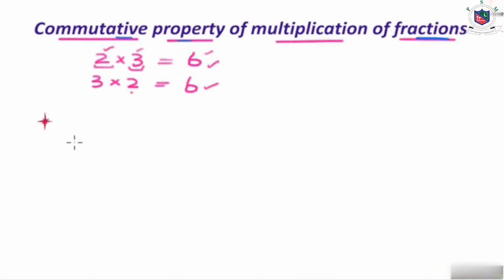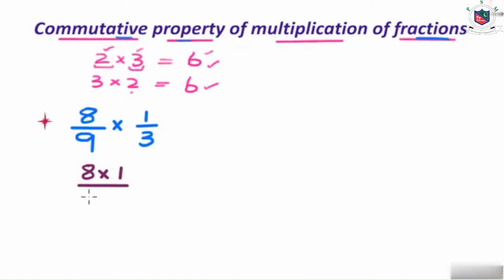Now, let's try this property for fractions. Here we are taking the fractions 8 upon 9 multiplied by 1 upon 3. Both the fractions are being multiplied.